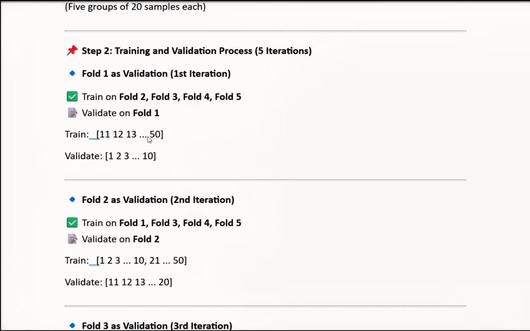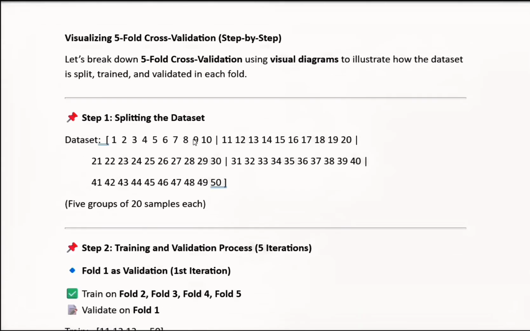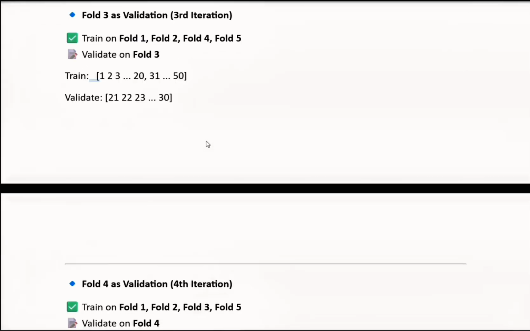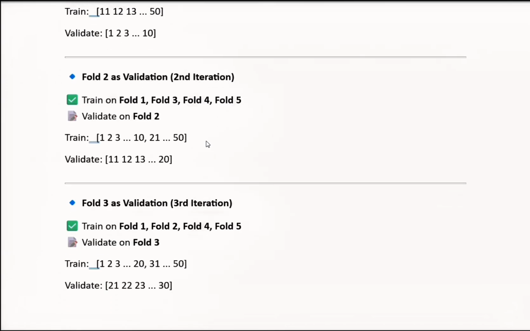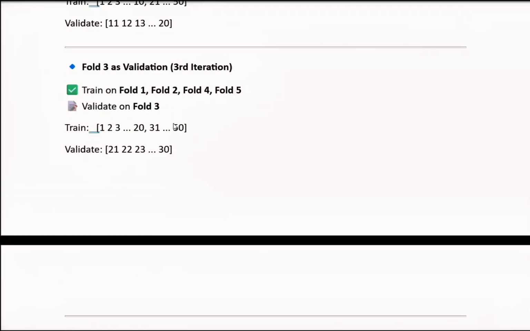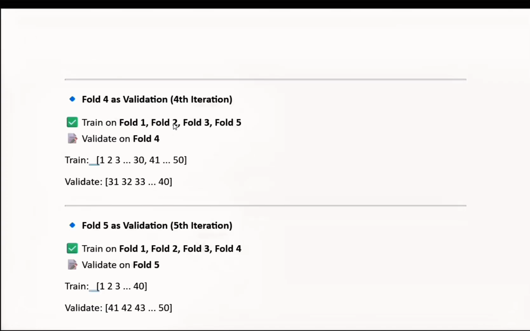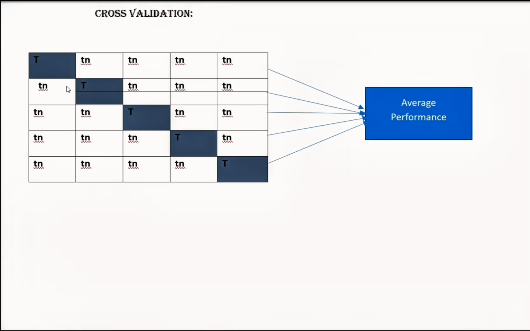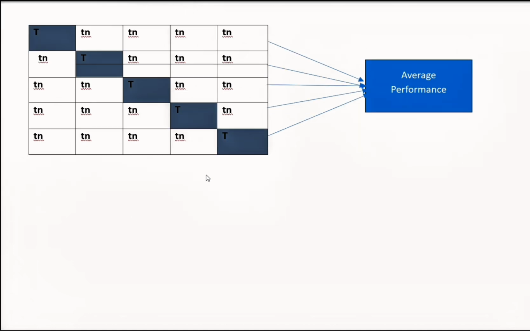First iteration: train on fold 2, fold 3, fold 4, fold 5 and validate on fold 1. Using this diagram, you will clearly understand what is going on.